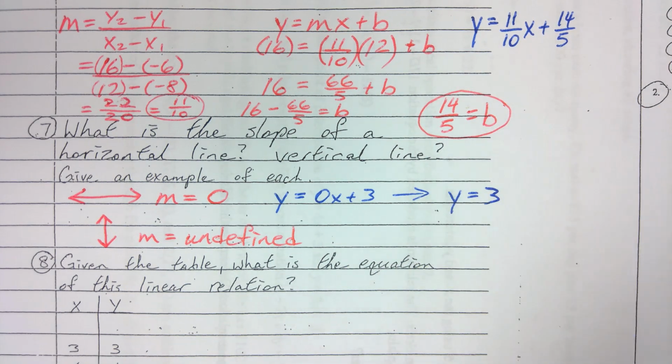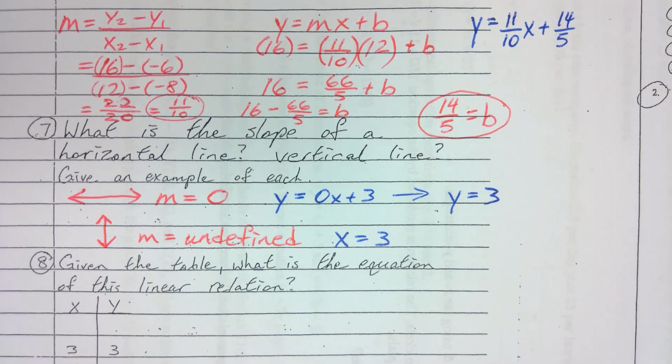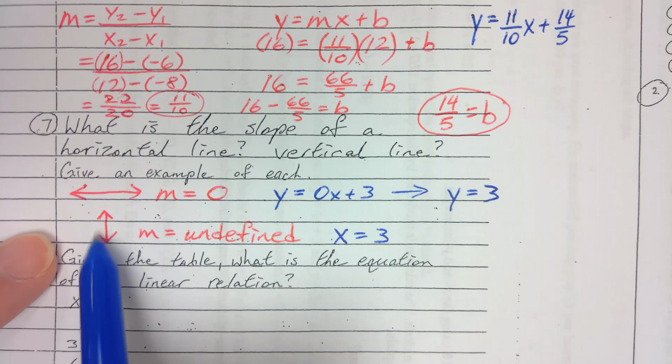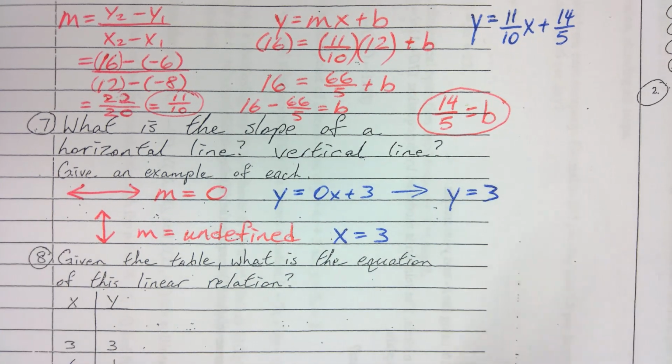But whenever I have the 0, I want to simplify it. So, Viresh? x equals 3. You can just have the equation x equals 3, because 4 over 0 is undefined. All vertical lines are in the form x equals, all horizontal lines are in the form y equals.